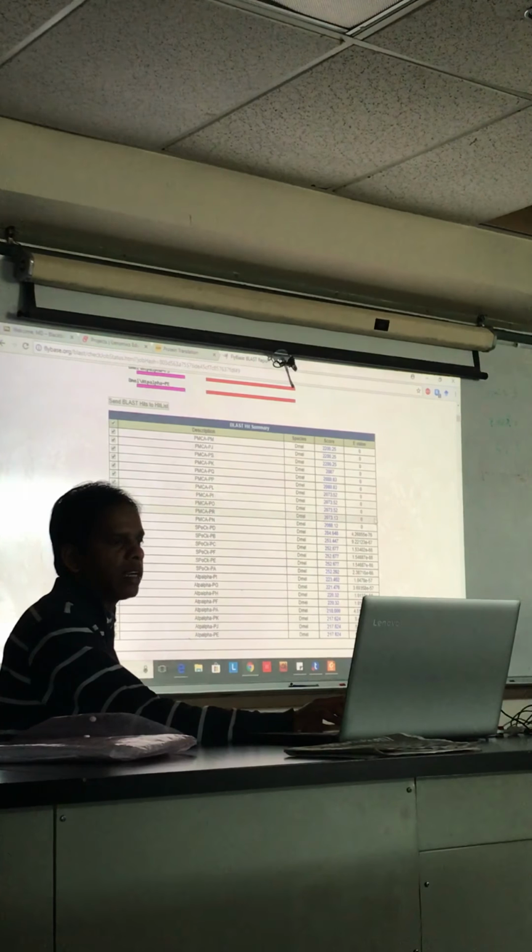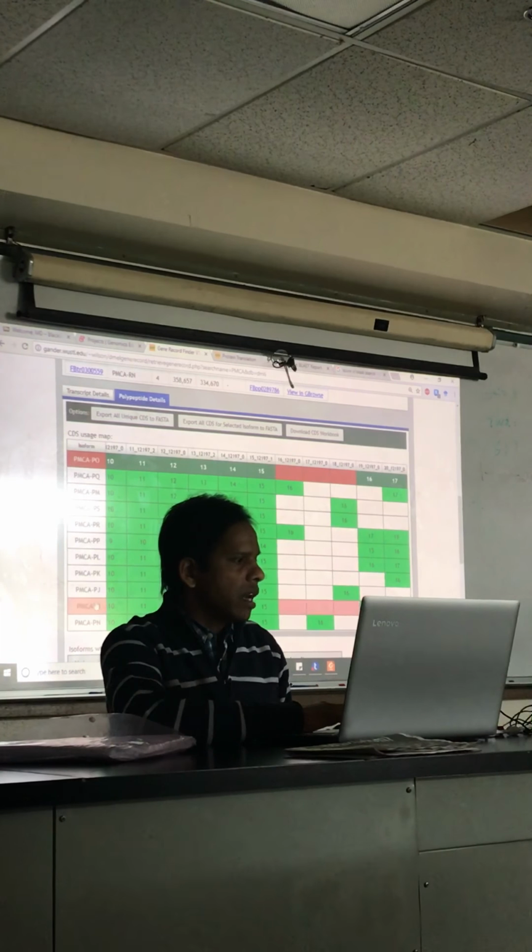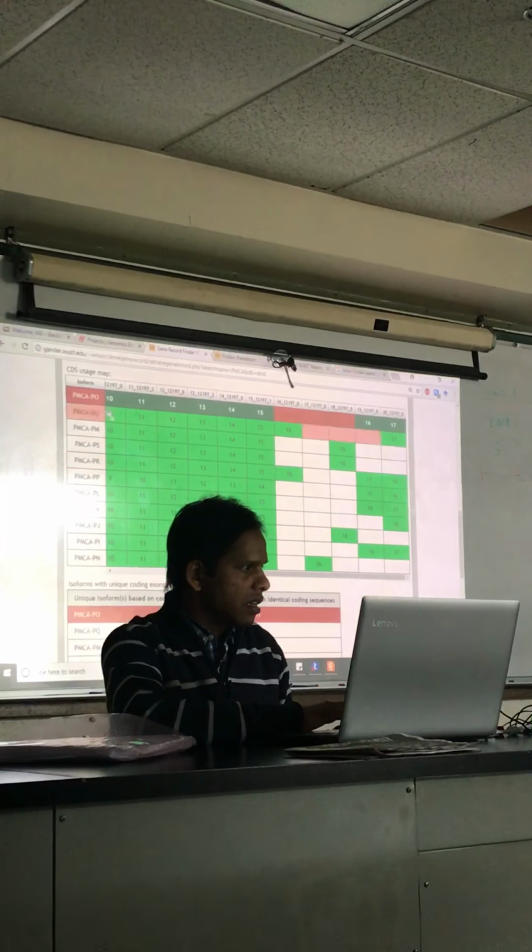Well, it depends on which one. Now look at isoform PO. How many exons? The middle three are missing, so basically 14 exons. And then these are the isoforms. So how many isoforms of this PMCA gene are there?